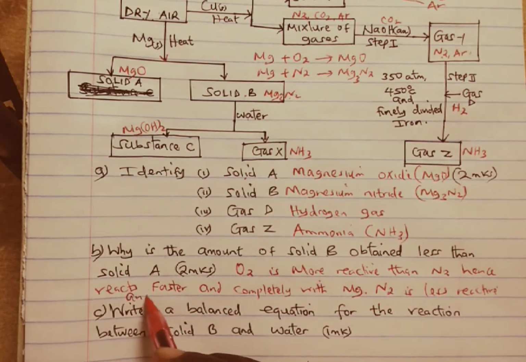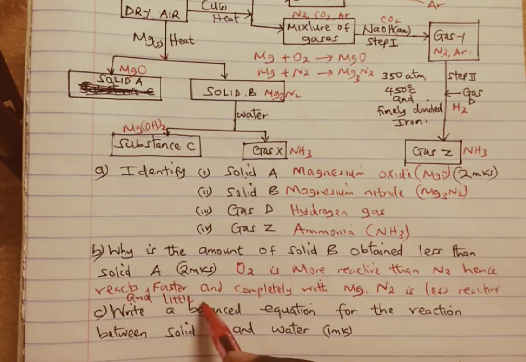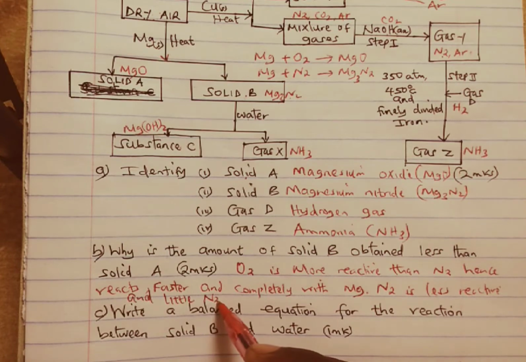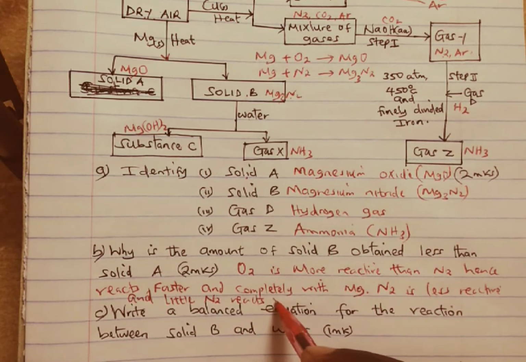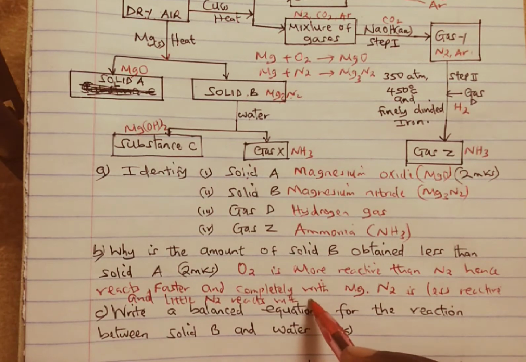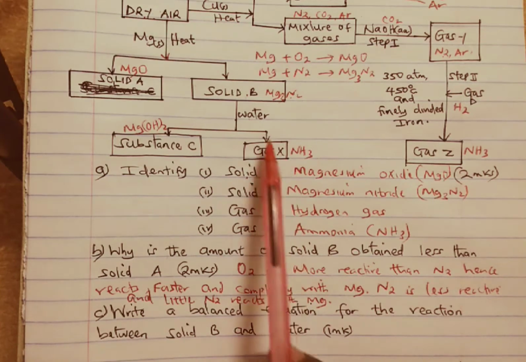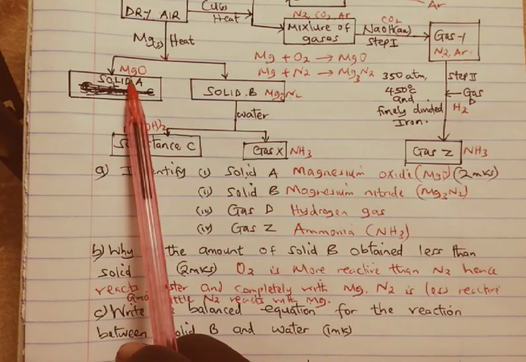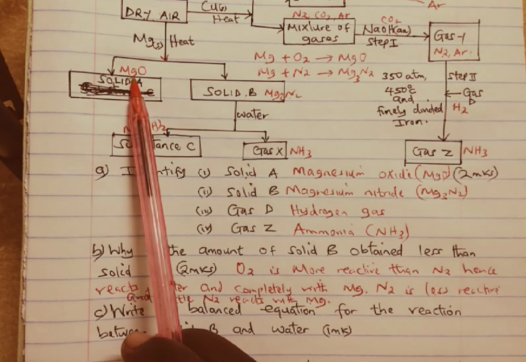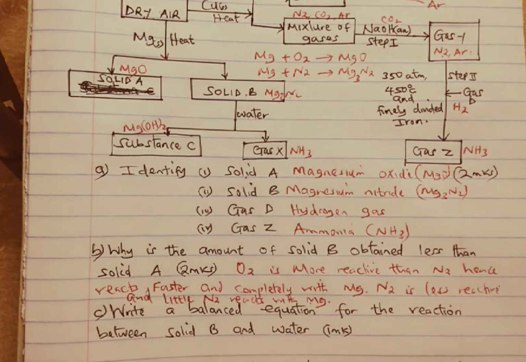And we can say little nitrogen reacts with magnesium. And because of that, magnesium nitride is less compared to magnesium oxide produced when magnesium reacts with air.